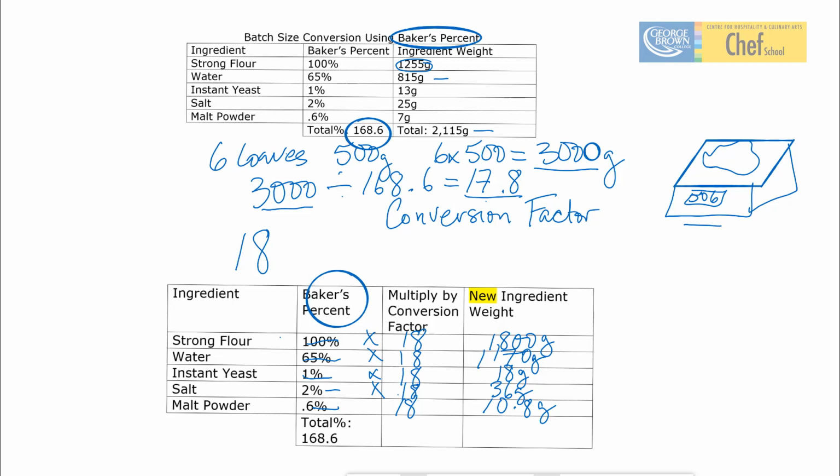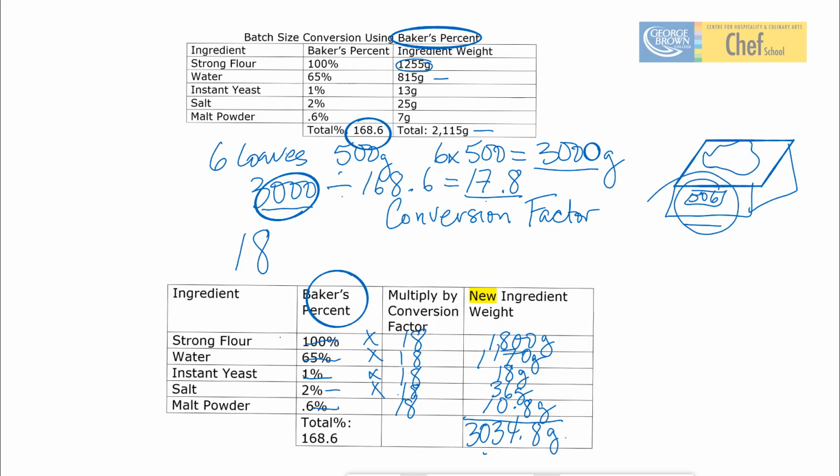Add all of these weights up, and we come to 3,034.8 grams. Our target was 3,000. We're just about dead on with a small amount left over to account for our overscaling.